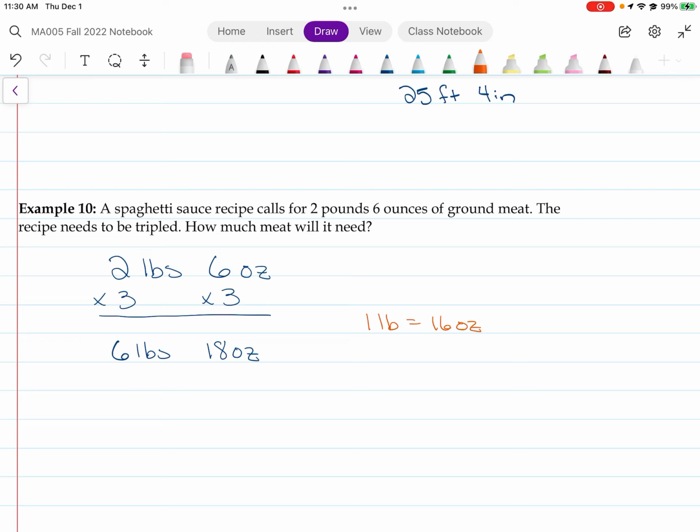So I'm going to subtract 16 ounces, and I'm going to add 1 pound. All right, so I get 7 pounds and 2 ounces. And that is the final answer because 2 ounces is less than a pound.